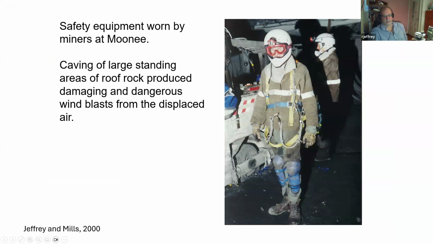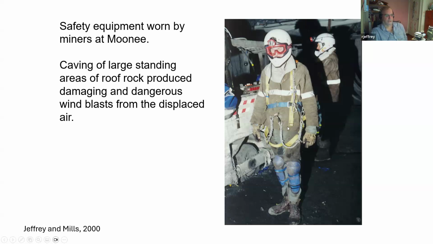And one aspect of that can be seen by the safety equipment the miners were required to wear: full coverage motorcycle helmets and goggles, leather jackets, knee protection, and they also had straps attached to a belt harness that they could attach to heavy equipment to prevent themselves from being blown down the tunnel if a wind blast occurred.